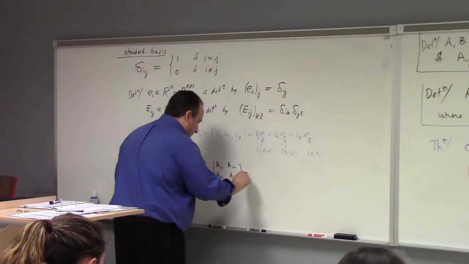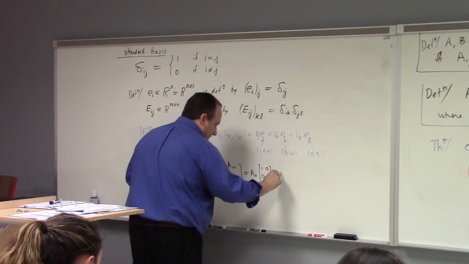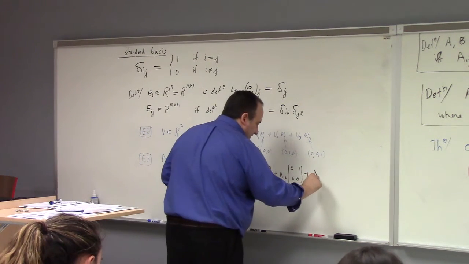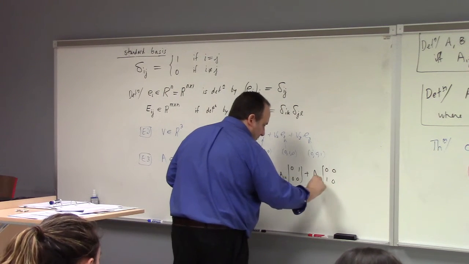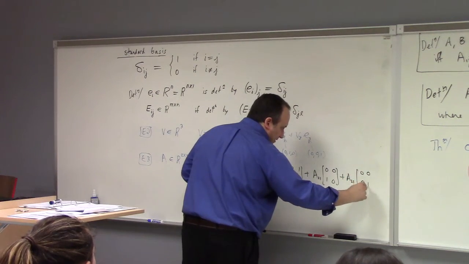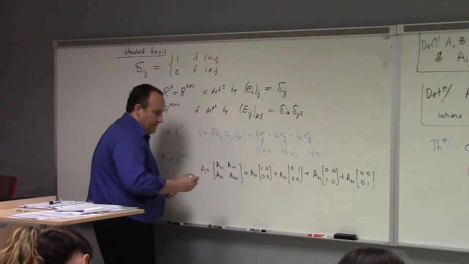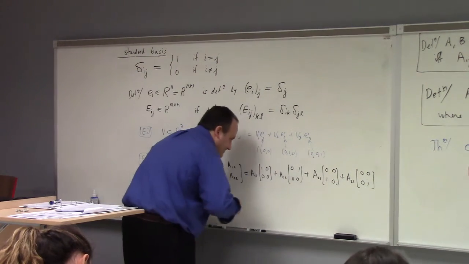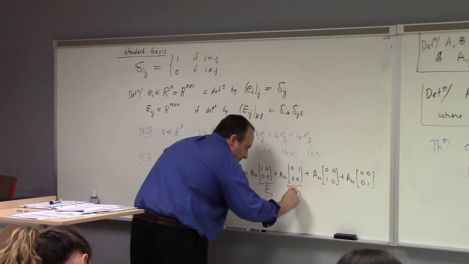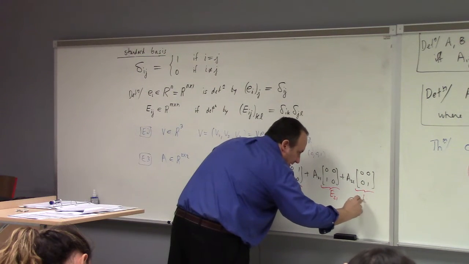And I could rewrite that as a11 times [1, 0; 0, 0], plus a12 times [0, 1; 0, 0], plus a21 times [0, 0; 1, 0], plus a22 times [0, 0; 0, 1]. But you see, what these are, respectively, are E11, E12, E21, and E22.